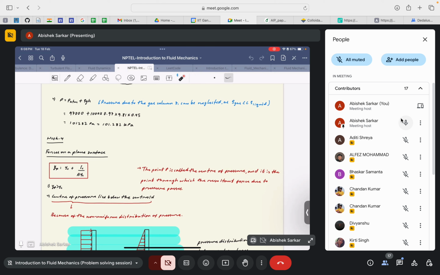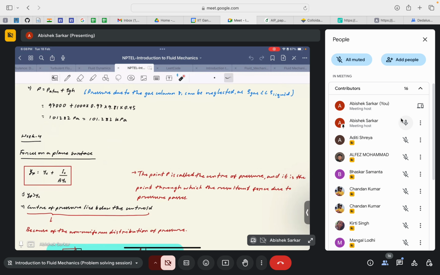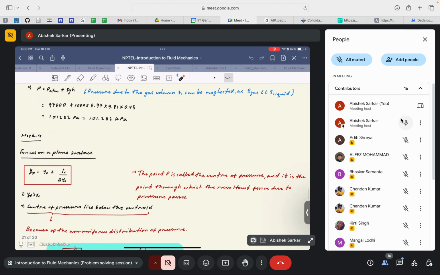This pressure force, because of the fluid in which the body is submerged, acts through the center of pressure, known as Yp, or any notation that you mention. Here in this expression, it is defined as Yp, and it is given as Yc plus Ic by Ayc.